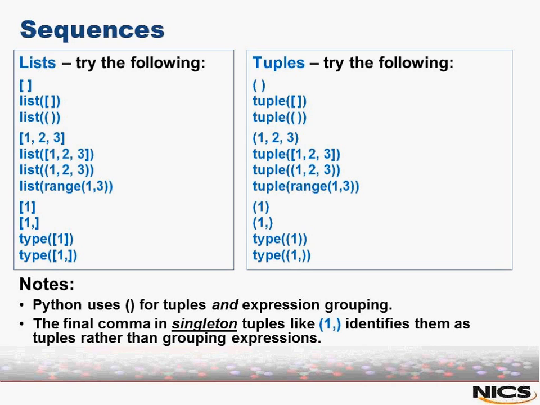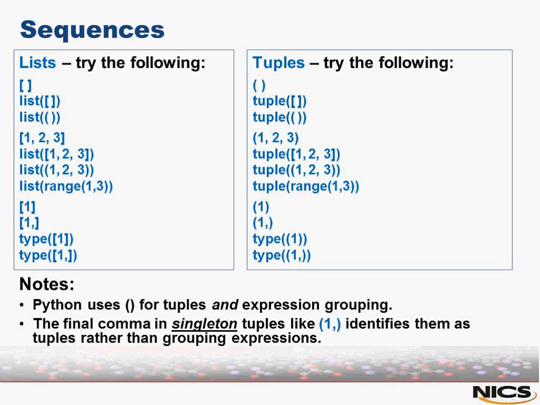Unfortunately, parentheses are also used for order of precedence, like A plus B, open parenthesis, close parenthesis, times C. Because parentheses have this double meaning, the convention was adopted: if you ever want a singleton tuple, you have to put a comma in. If you don't put the comma in, what you have is a grouped expression. You have to say parenthesis 1 comma. If you just say parenthesis 1, what you get is an integer.